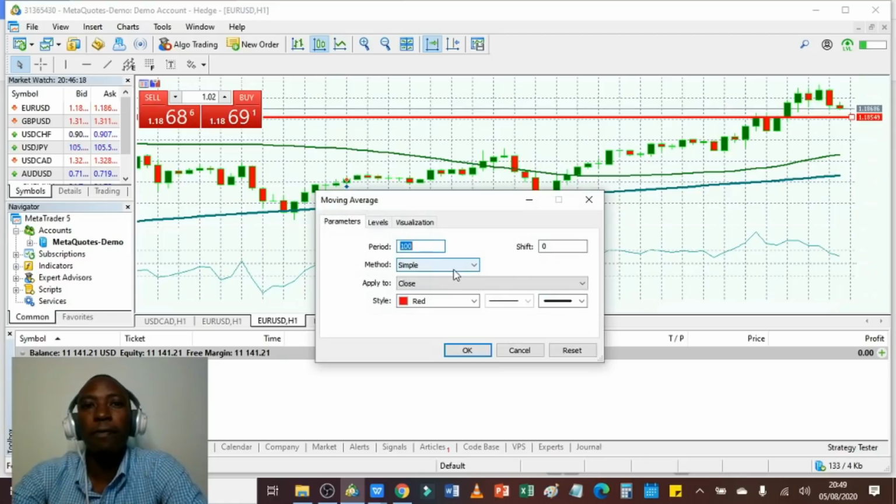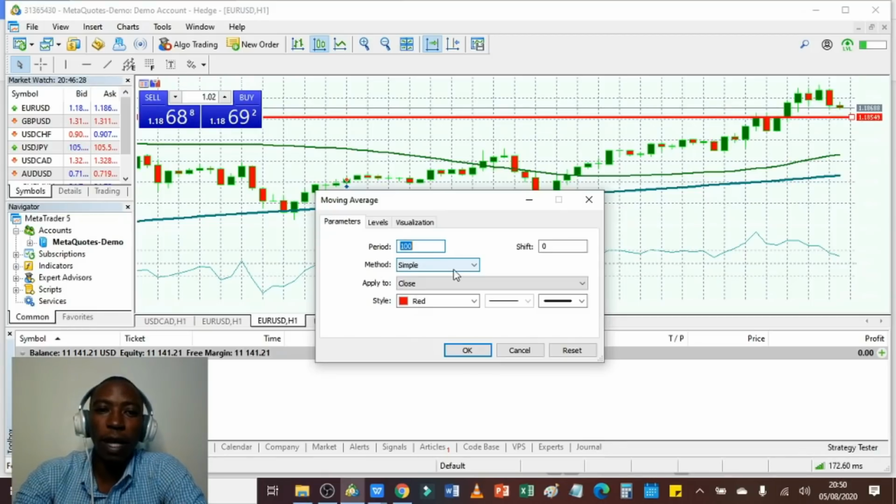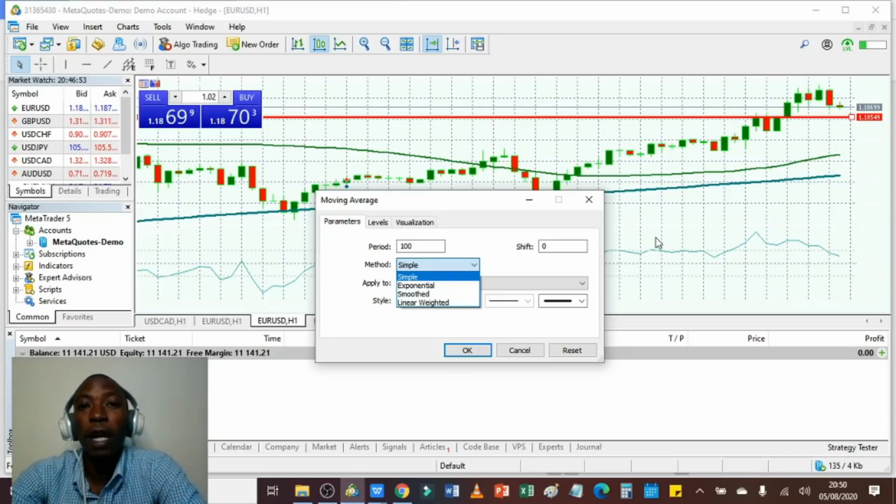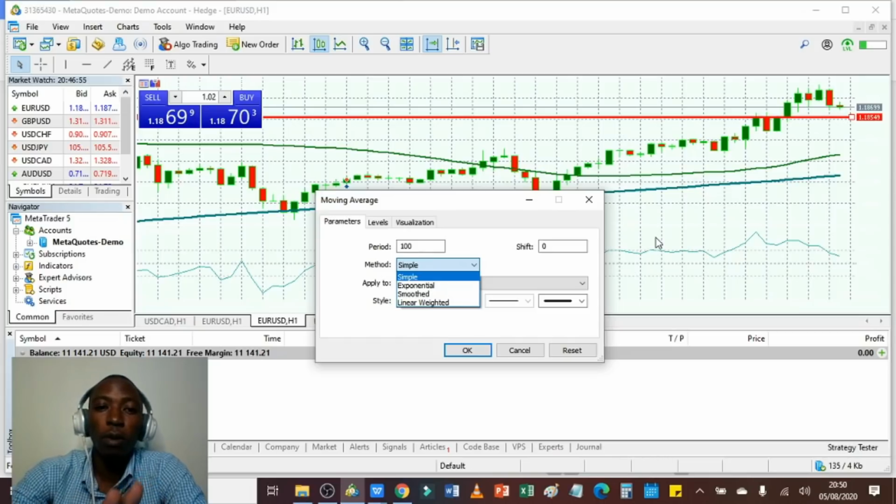We can set them from 10-hour moving averages to 100-hour moving averages, 200-hour moving averages. My maximum moving average is the 100-hour moving average. We have the simple moving average, the exponential moving average, the smoothed, and the linear weighted. But the ones that I use in most cases are the simple moving average and the exponential moving average.